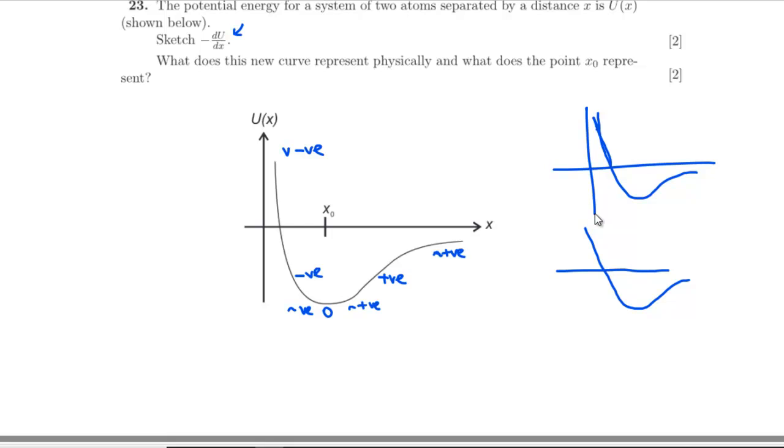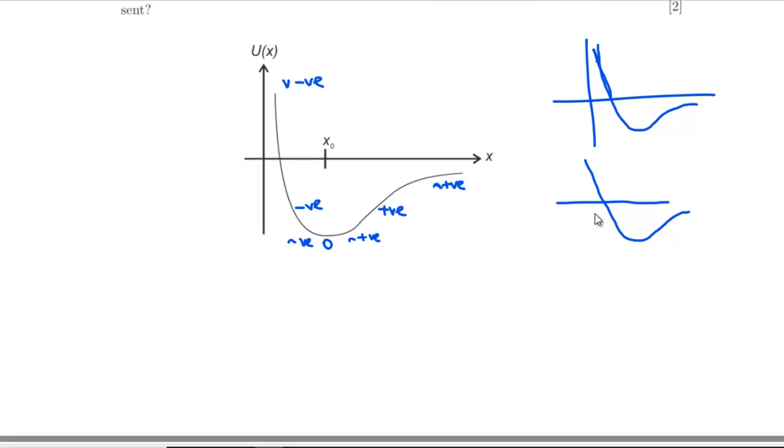Now, when we've got this very negative gradient, we're going to multiply that by the minus sign and get something which is very, very positive. So when we're drawing this out, I'll give myself a bit more space on our axes. We know we've got to start up here because we've got something very negative multiplied by -1. Then we're going down, down, down. Let's see what happens when we get to this 0 point.